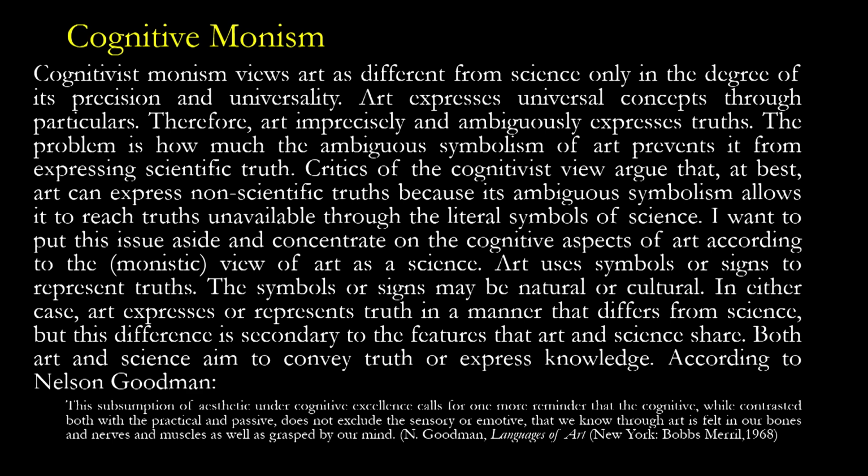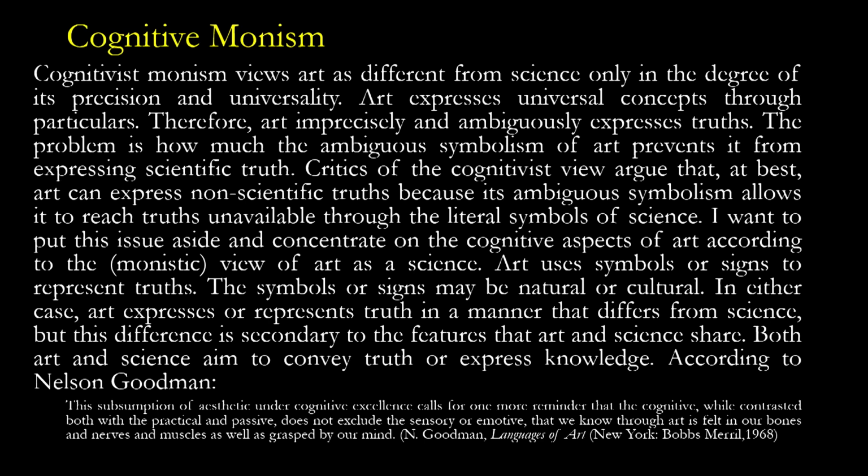How much of the particularism might come into play. So, it might appear to be imprecise or ambiguous. Critics of the cognitive view argue that at best art can express non-scientific truth because its ambiguous symbolism allows it to reach truth unavailable through the literal symbols of science.